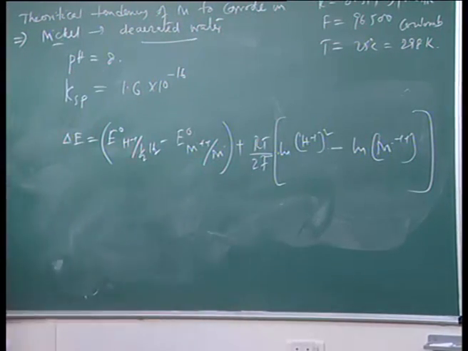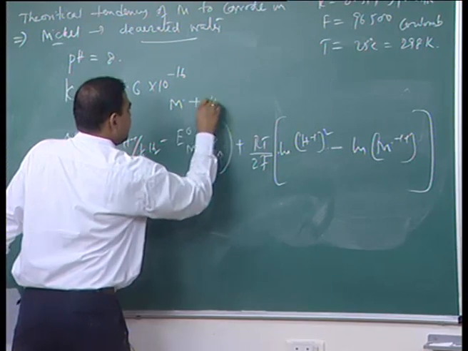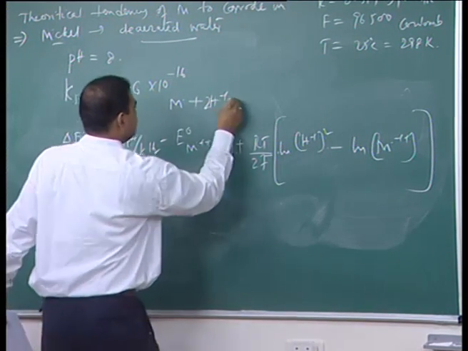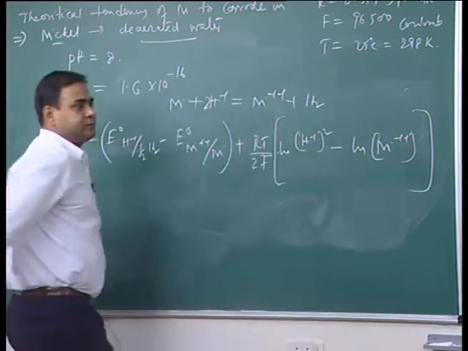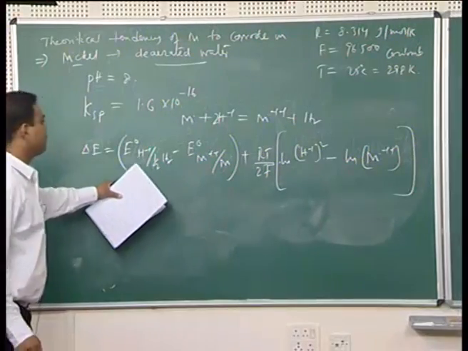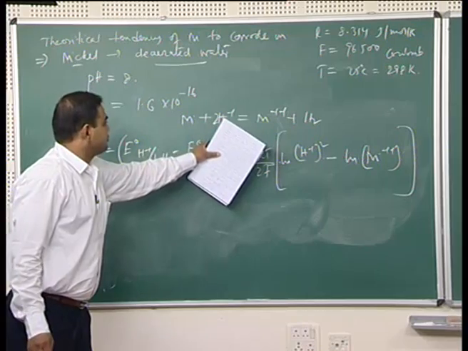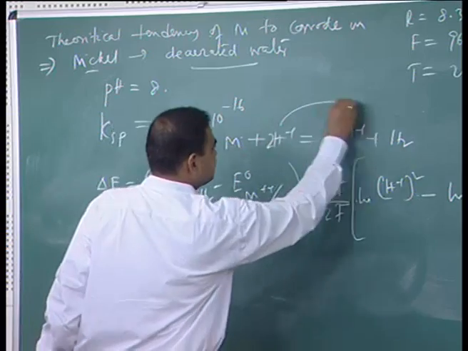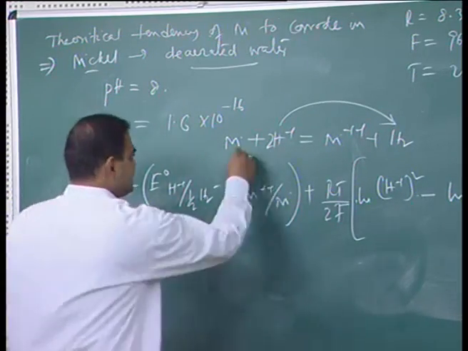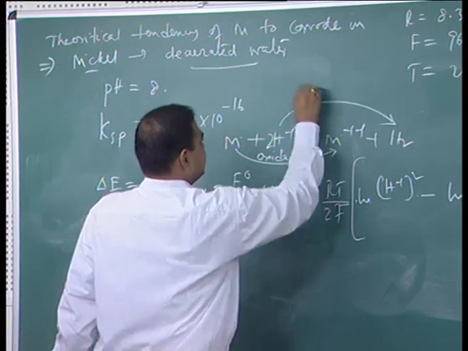So this is my overall cell potential. And what is my overall cell reaction? Ni plus 2H plus equal to Ni plus plus H2. This is my overall cell reaction. Here also you see you have a redox reaction: this to this is reduction, and this to this is oxidation.